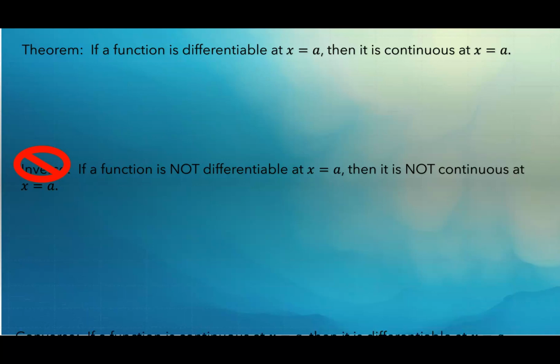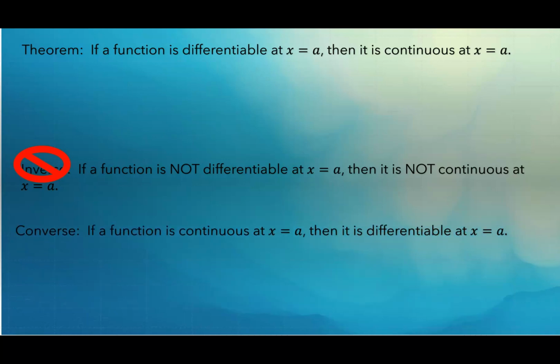Now, the other one that we always make a mistake of using is when you switch the order. If the function is continuous, then it's differentiable. And we know that the converse is not equivalent to the original statement. Okay, so an example of that is the absolute value graph.